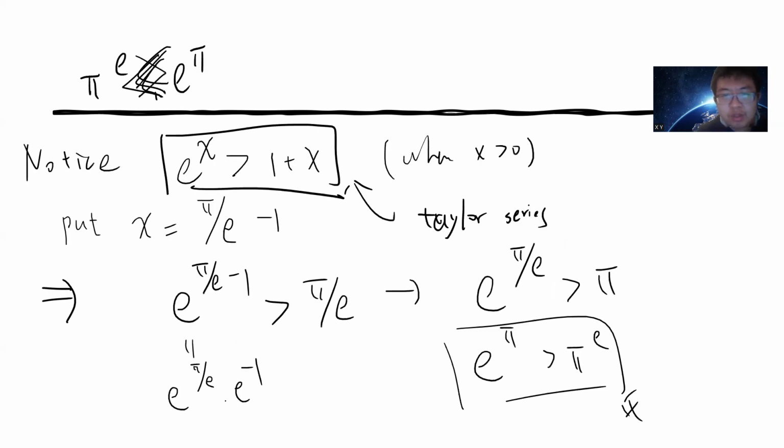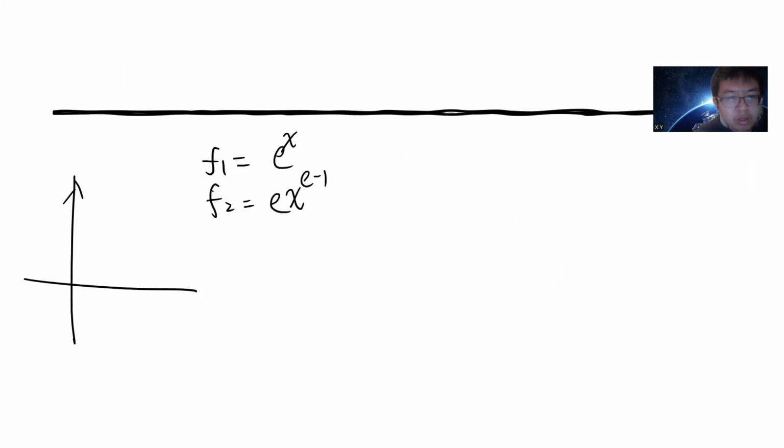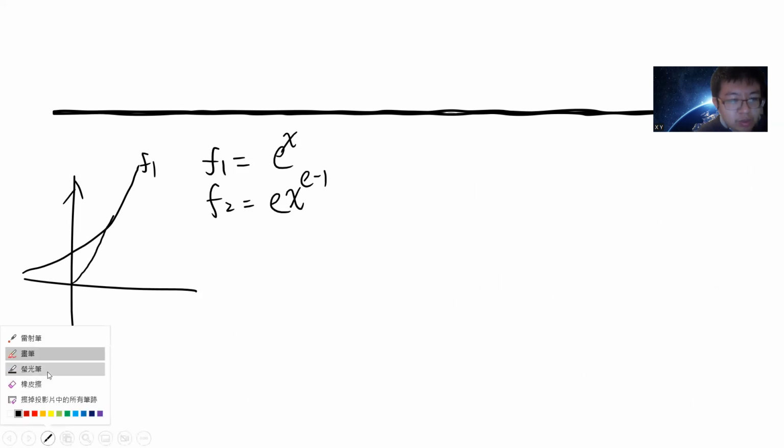That means if I draw f1, which is like e to the x, and f2, which is like x to the e, sorry, it's a bad drawing.